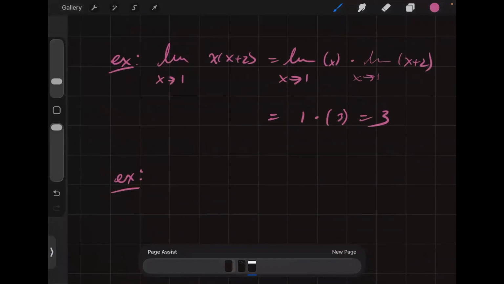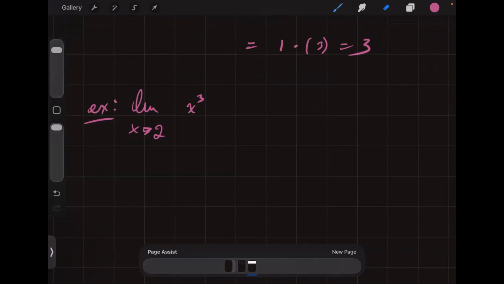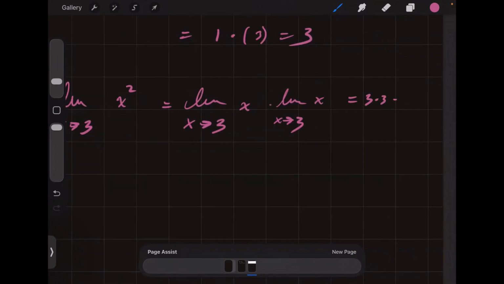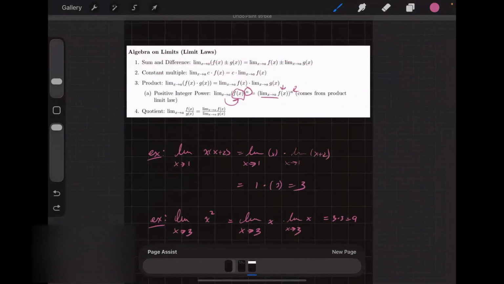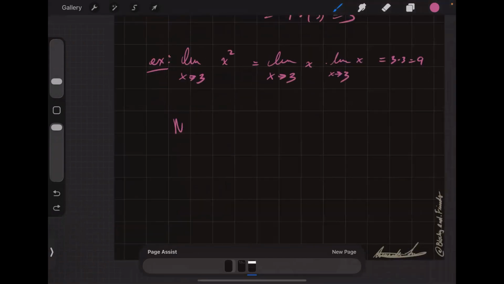For example, the limit as x approaches 3 of x squared is going to equal the limit as x approaches 3 of x times the limit as x approaches 3 of x, which is going to equal 3 times 3, which is 9. Okay, all cool with this? Cool. Note, n is an integer greater than or equal to 0.